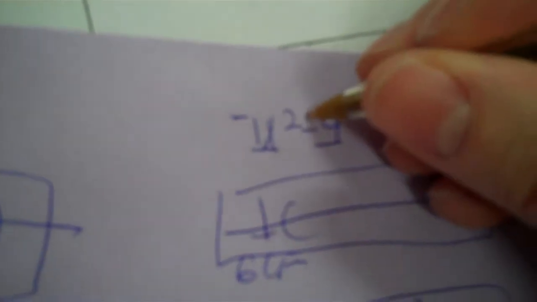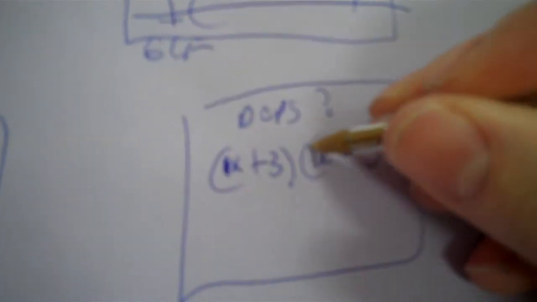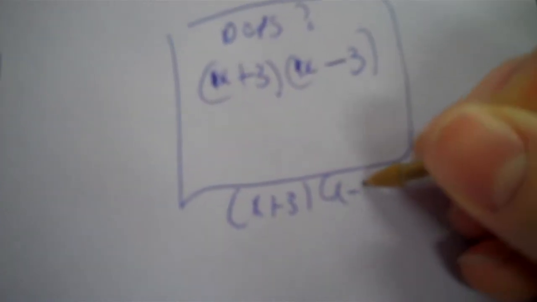Now DOPS, you have the minus sign. 1 is 1 times 1. x to the second is x times x, and 9 is 3 times 3. Okay. So 1x, and then 3, 3. Take the 1s off the front of the x's, please. So this is rewritten as x plus 3, x minus 3.